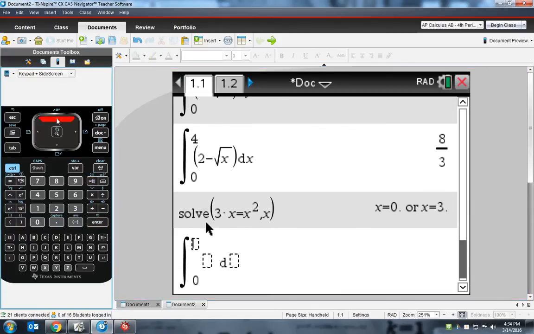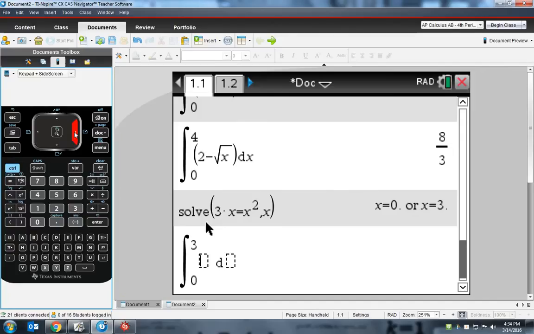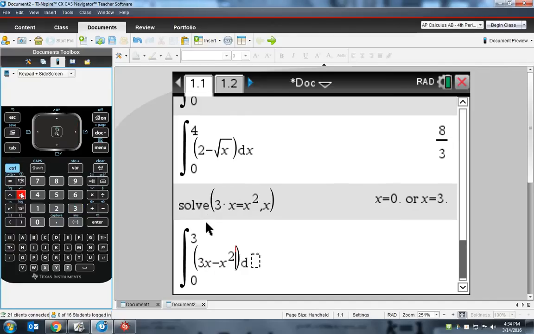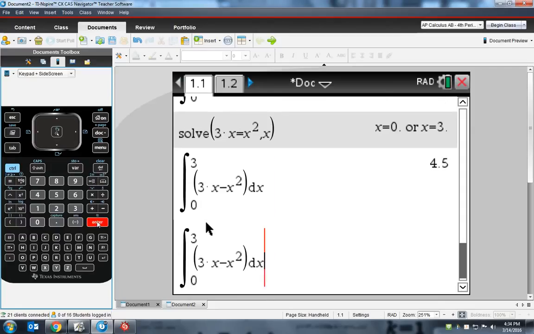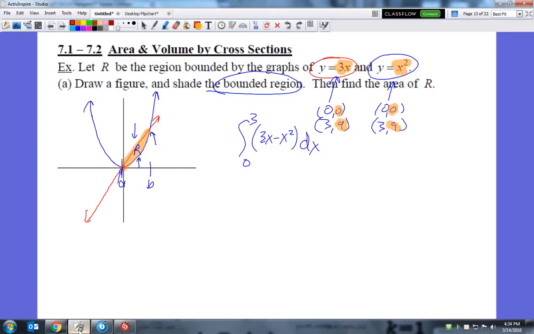It's from 0 to 3. And it'll be 3x minus x squared, with respect to x because they were vertical slices. And my answer is going to be 4.5. Or if you wanted to have it as a fraction, 9 halves. So it's equal to 9 halves units squared because we're looking for area, not volume.